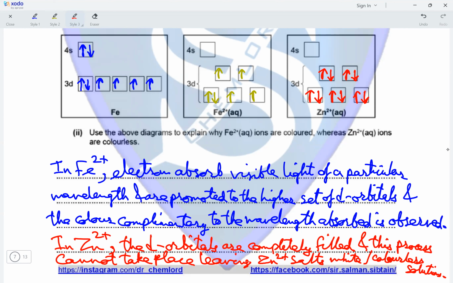So this transition from the lower set to the higher set cannot take place in zinc. So light in the visible region will not be absorbed. So color will not be observed.